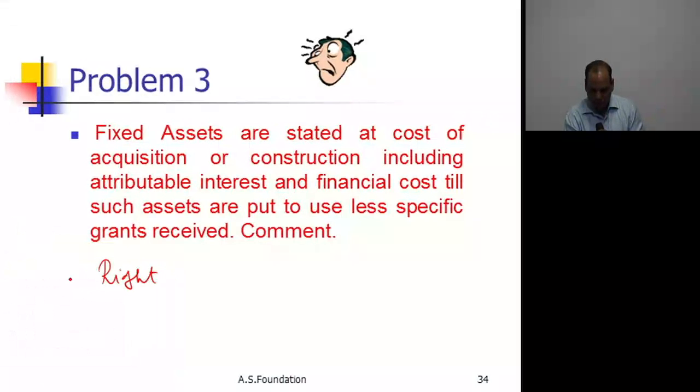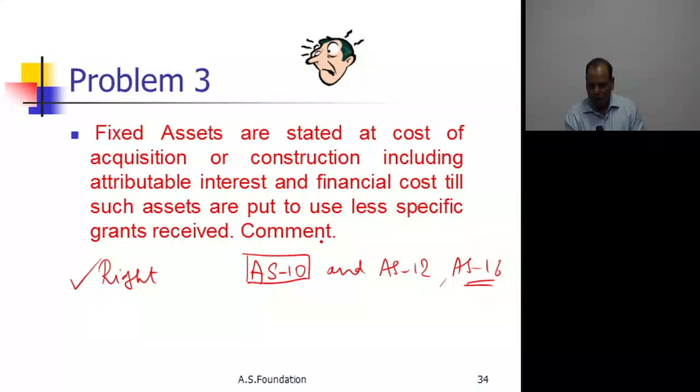Correct entry. Why? Here we have to apply three standards, AS10, AS16 and AS12. As per AS10, all costs incurred in bringing a fixed asset to its present location and condition should be capitalized.